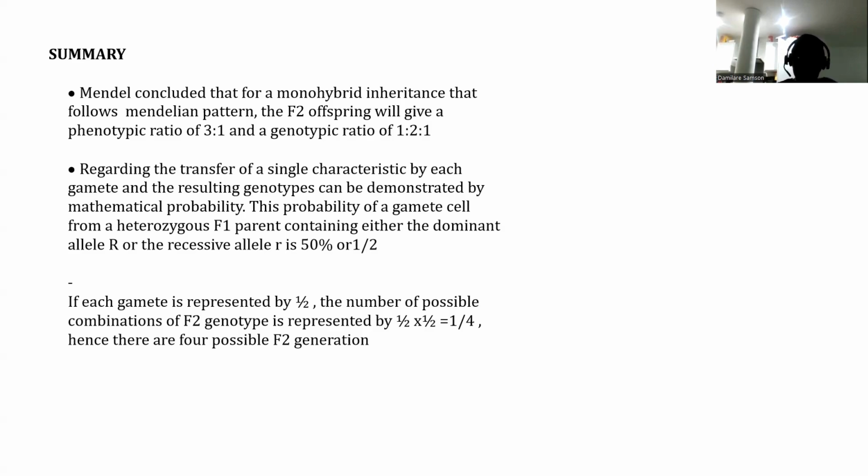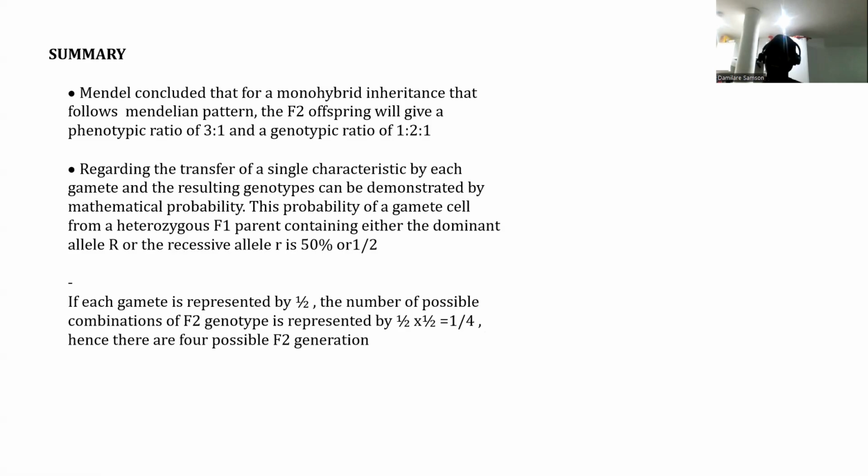As simple as that. Now, if each gamete is represented by half, what do we mean? Capital letter R is half, small letter r is what? Half. If the 2 of them are represented by half, the number of possible combinations of F2 genotype is represented by what? Half times half, which is what? 1/4. What are we trying to say? We are talking about the probability.